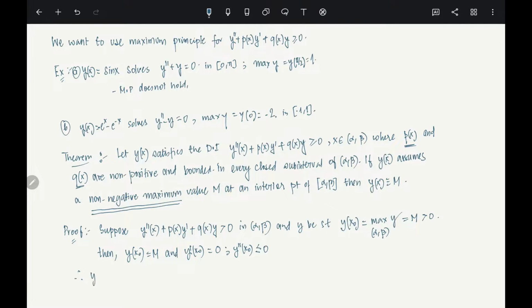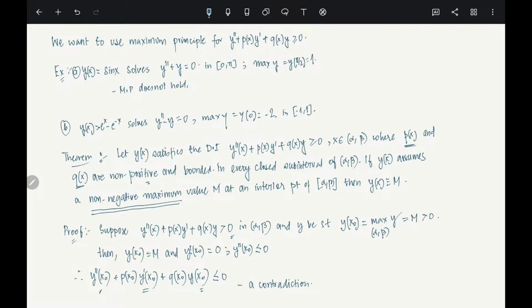Therefore y double prime at x naught plus p of x naught y prime at x naught plus q of x naught y at x naught: this term is not there because y prime at x naught is 0. This is m times q. Q is non-positive, y double prime is non-positive, so this is always less than or equal to 0. That's a contradiction, because it is given that this is strictly positive.